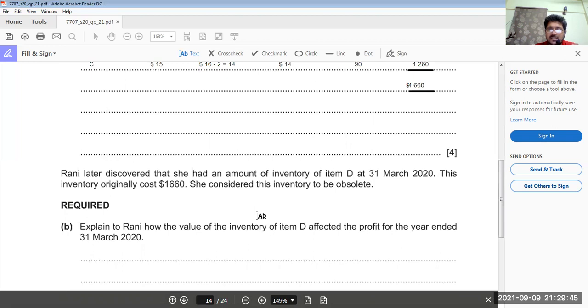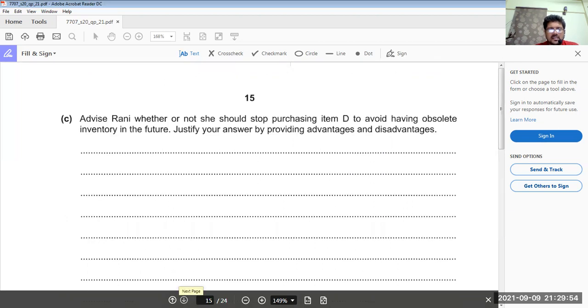So when an item is not included in the amount of total closing inventory because of 0 NRV, it's not going to affect the profit. Got it? Now, advise Rani whether or not she should stop purchasing item D to avoid having obsolete inventory in future. Justify your answer by providing advantages and disadvantages.